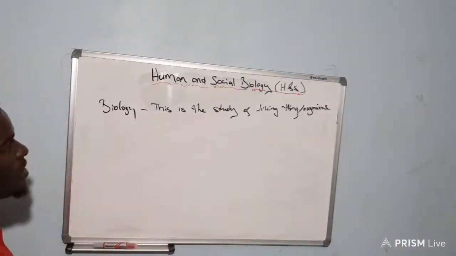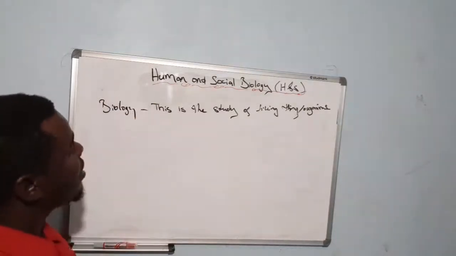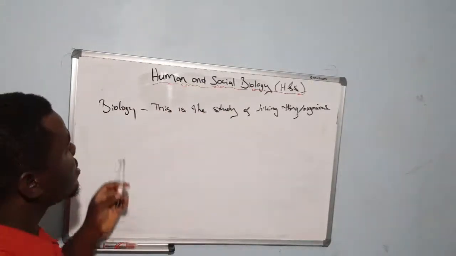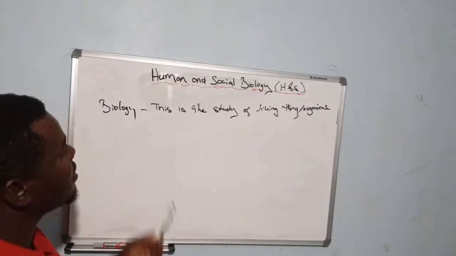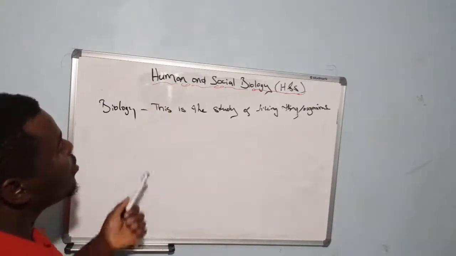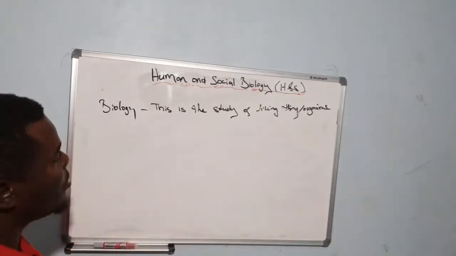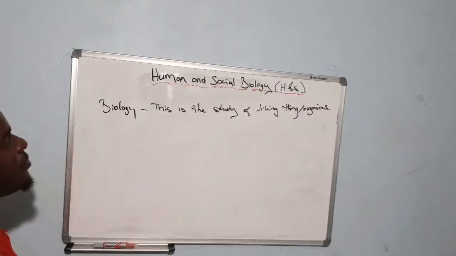So let's link that now to human and social biology. We understand clearly that biology is the study of living things, and humans are living organisms. So we're talking about the concept of human and social biology.